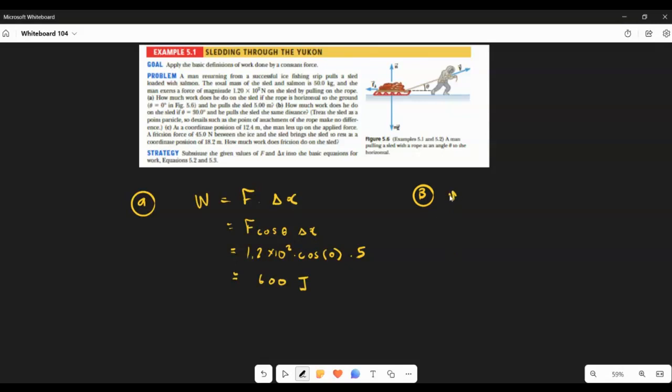So the next one, quite easy as well. The very basic stuff. Work, F cos theta. And in this case, changing the angle. So now it pulls at the same distance, but now at 30 degrees. So obviously you guys can sort that out. So I'll say 1.2 times 10 to the power 2 times cos 30 times 5. Right? How many joules is that?